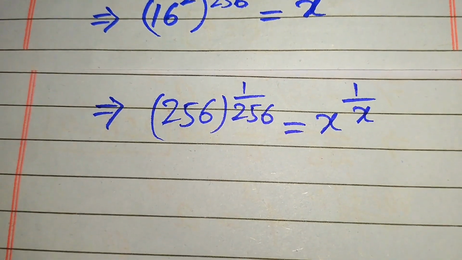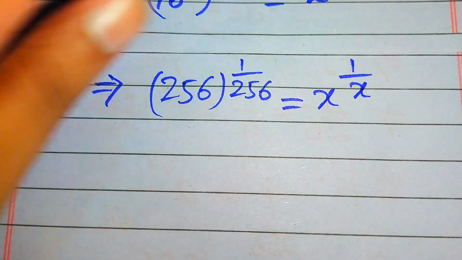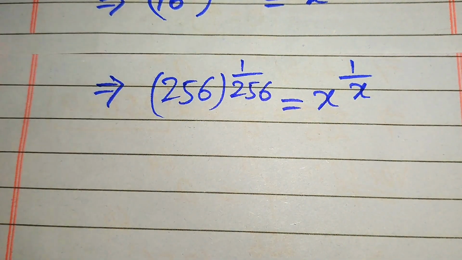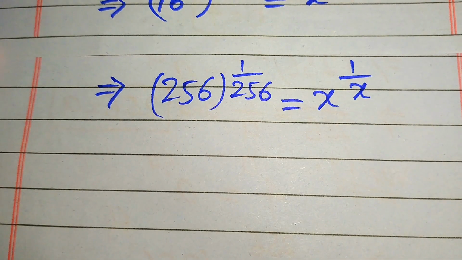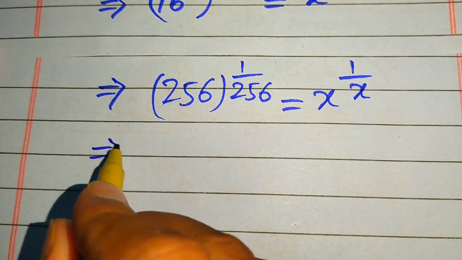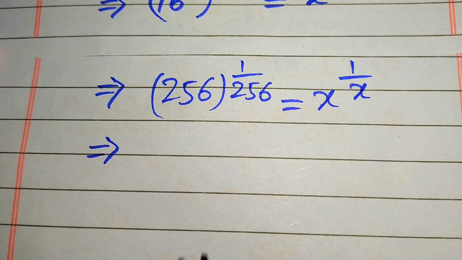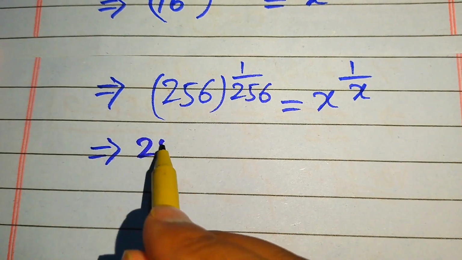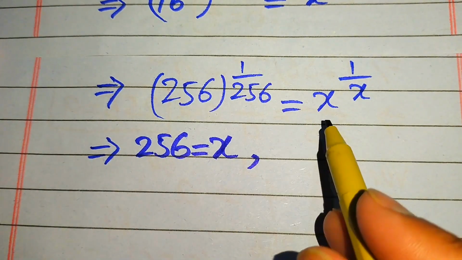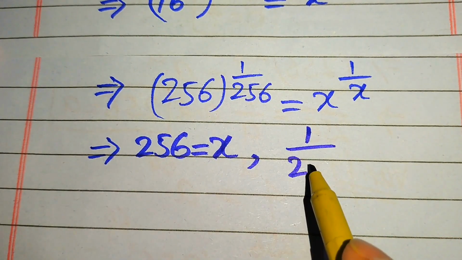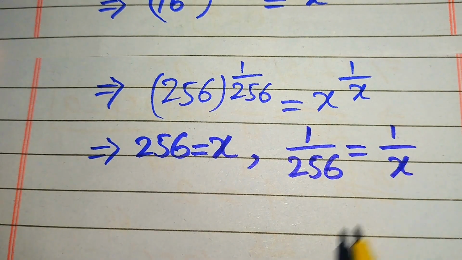So now in the next step, you see that on the left hand side we make the exponent the reciprocal of its base, so that now we can equate both of the sides. When we equate the bases, we get 256 is equal to x, and when we equate the exponents, we get 1 over 256 is equal to 1 over x.